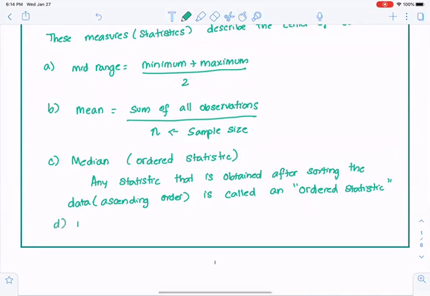And lastly, we have the mode. Mode is simply the most frequent observation in the sample. Most frequent means the one that repeats the most.